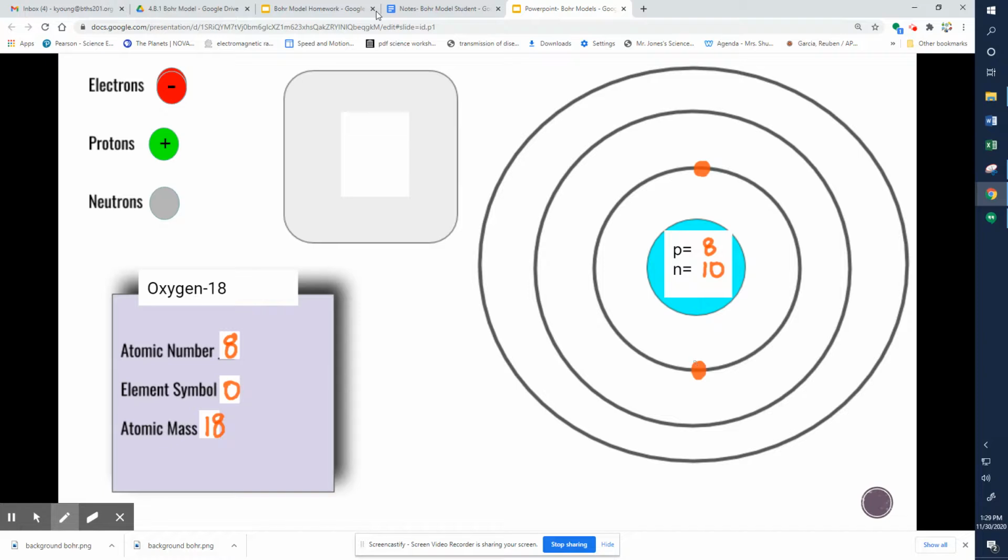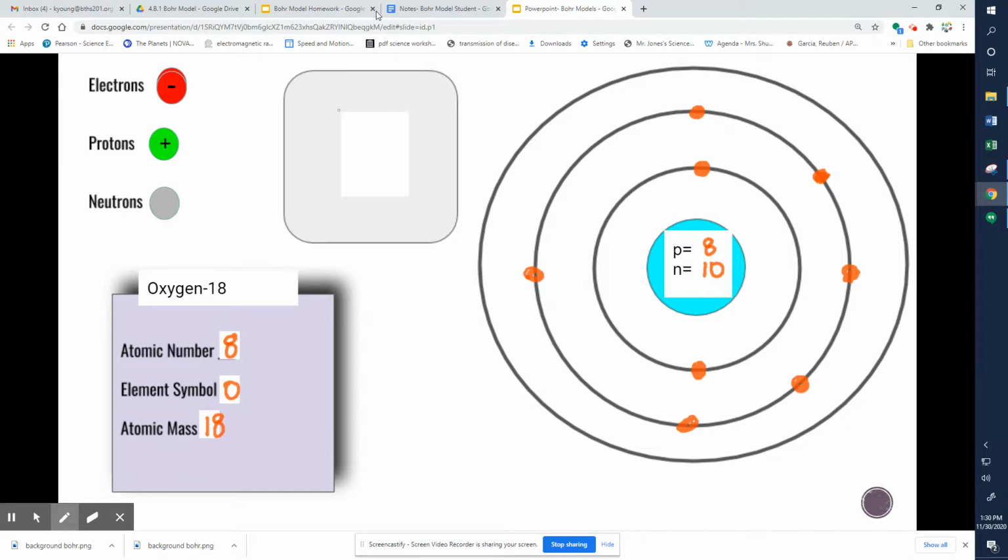Then I have 6 more to place. 1, 2, 3, 4, 5, 6. Again, you would just be dragging these negative reds over to the model.